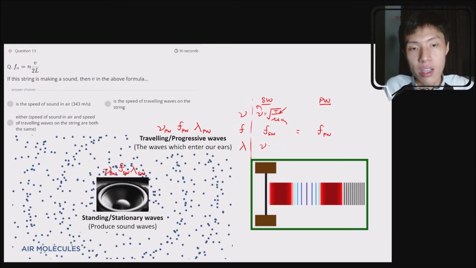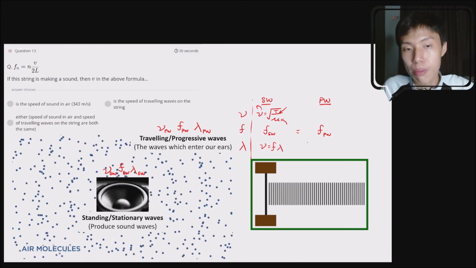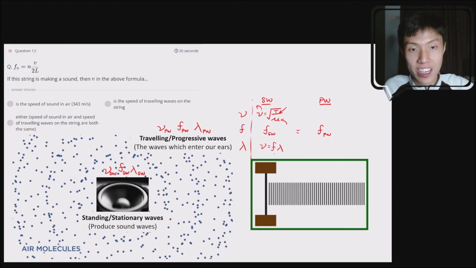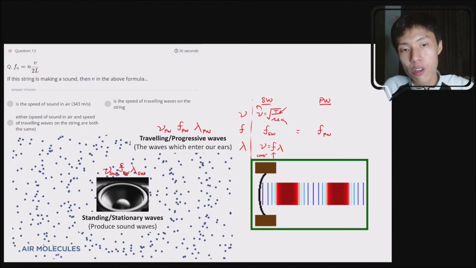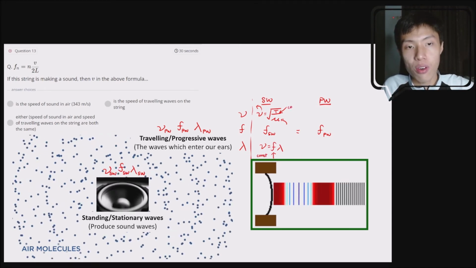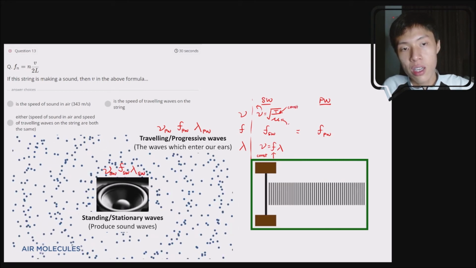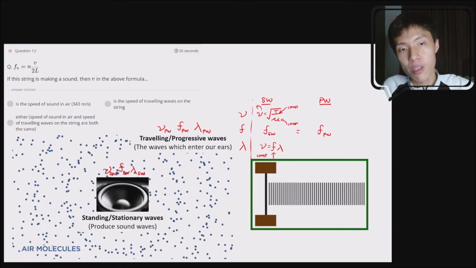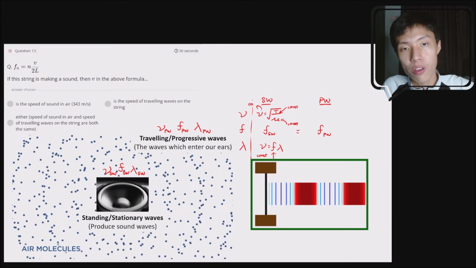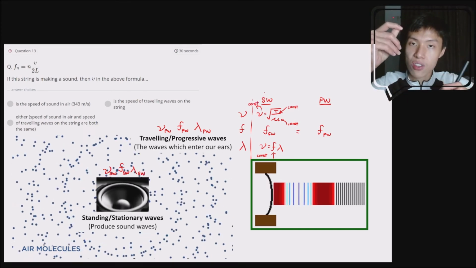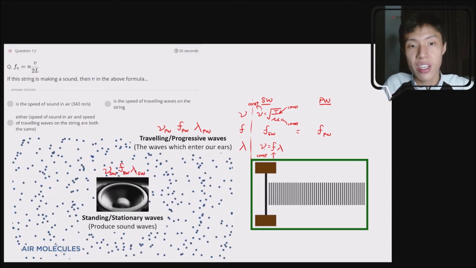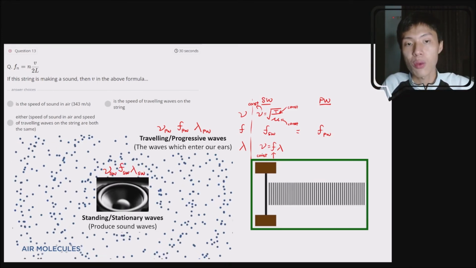Well, it's the lambda that's changing. If your tension is constant and your mass per unit length is constant, then your wave speed is constant. So if you are not changing how tight your guitar string is, or the string itself, then the wave speed on the standing wave will be constant.